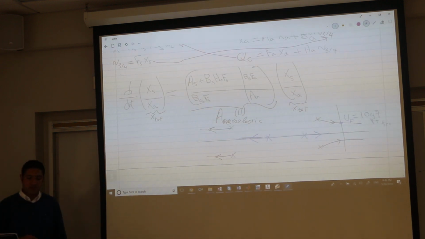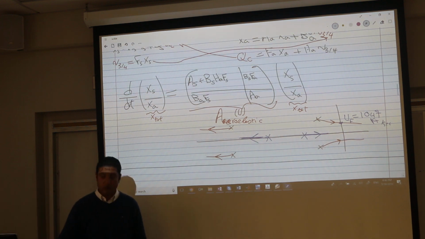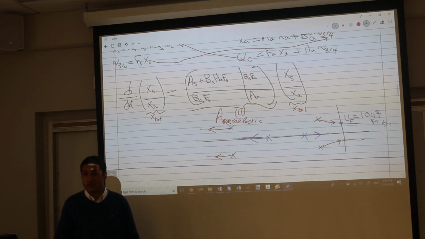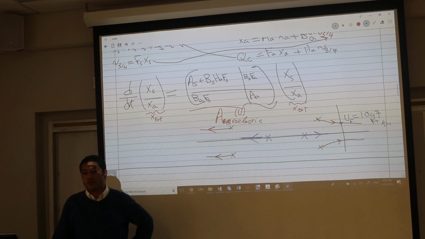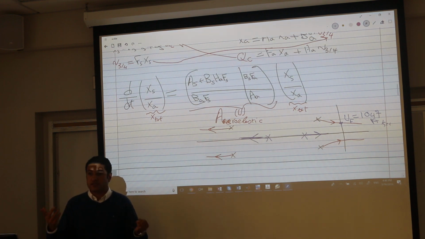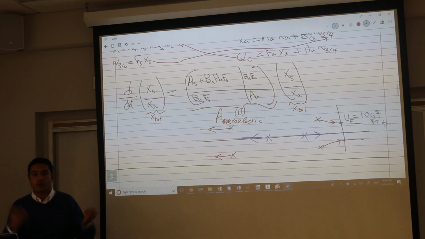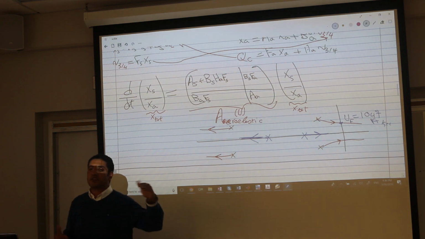Because remember, if you believe that your flutter speed is 200 as an airplane designer, what will you do? You cannot fly slower because this is a mission requirement. So you will go and modify your design. You will add more weight to structure, which is a huge penalty to your design, right? Or do a control system or whatever. I mean, you will do something to prevent this from happening because the cruise speed is a mission requirement.